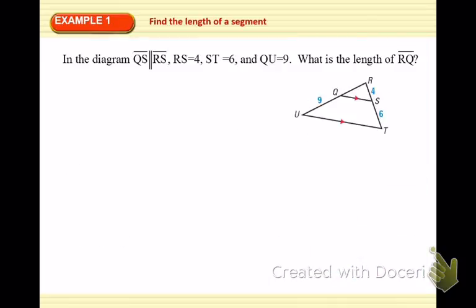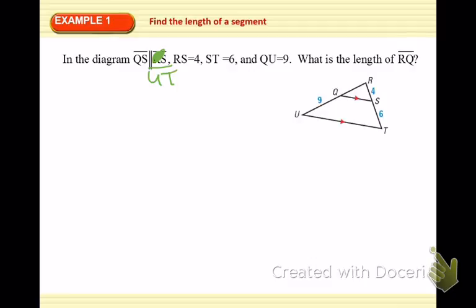In this diagram, QS and RS are parallel. Now, that doesn't make any sense. So we're going to change this a little bit. In the diagram, QS and UT are parallel, right? And if RS is 4 and ST is 6 and QU is 9, we can find the length of RQ.